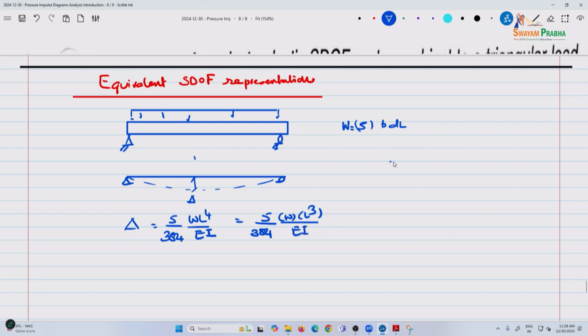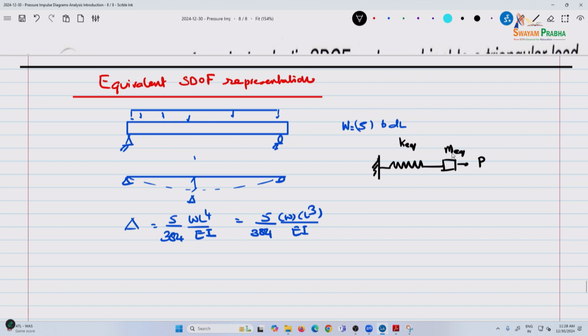And when we talk of an equivalent SDOF, we are looking to represent two things: the displacement of the system, and then there is the mass. So we have KEQ, and this is the load P, MEQ.